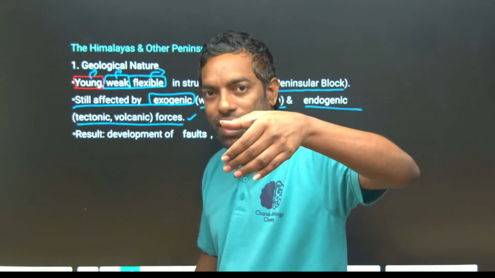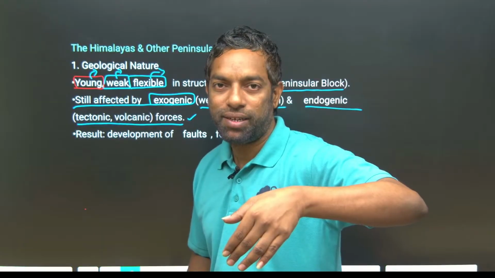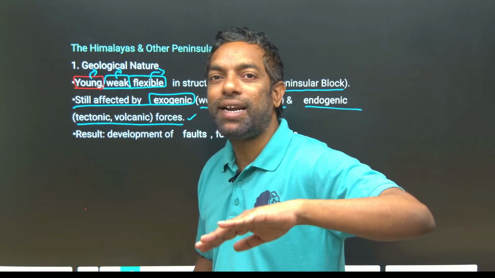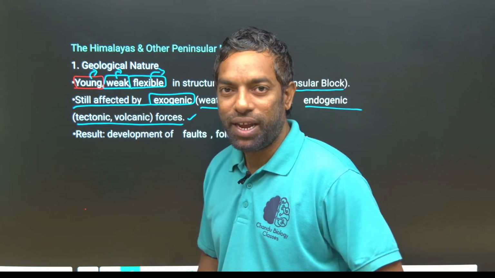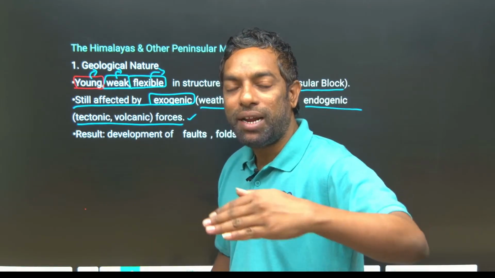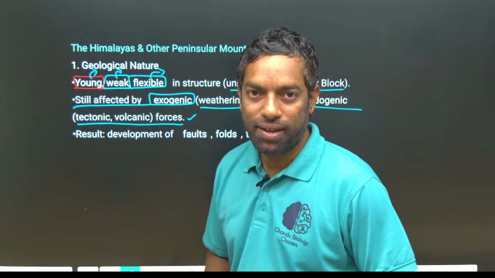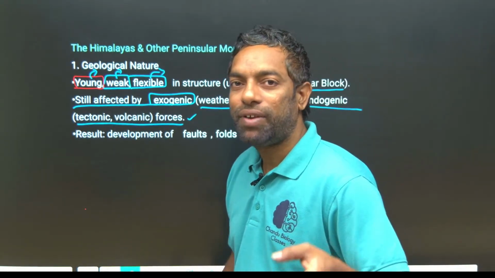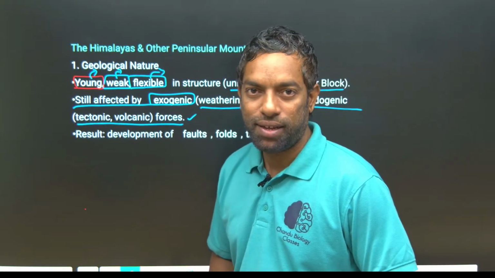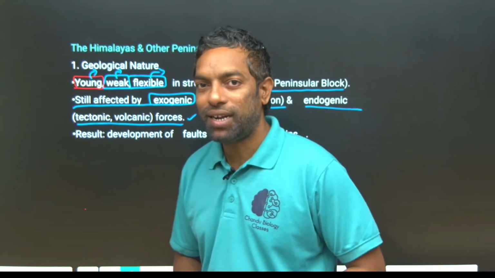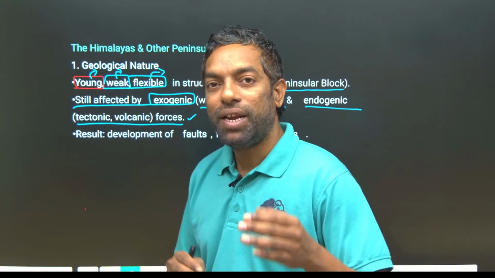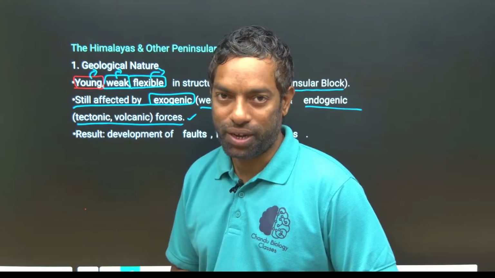Rivers move very fast in the slope area. That leads to erosion and deposition: erosion in the slope area and deposition in the plains. That is the exogenic activity. Coming to endogenic activity, plate tectonic activity takes place.